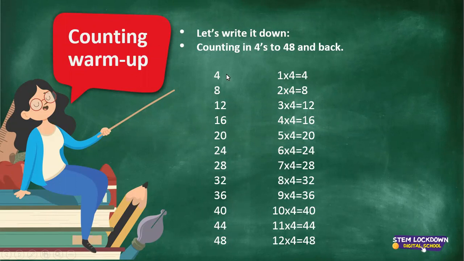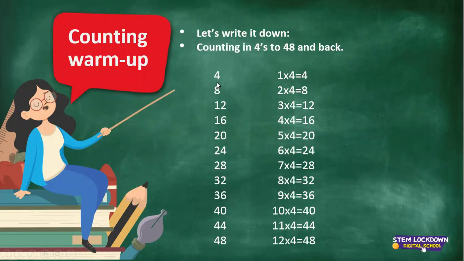We are going to read them downwards to see if you've got them all. 4, 8, 12, 16, 20, 24, 28, 32, 36, 40, 44, 48. Got them. Now, I want to show you something.